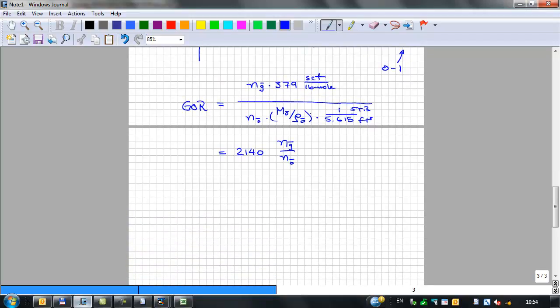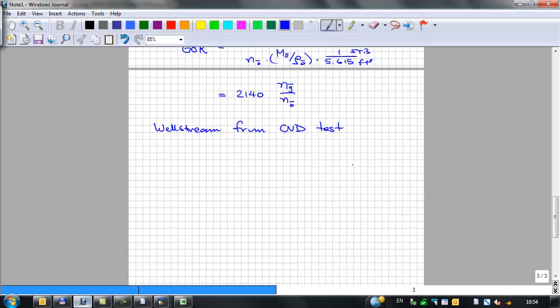Okay, so if the well stream we're interested in is from the CVD test, you basically have two phases in the PVT cell. You have some oil and you have some gas, and then you've just removed some of that same gas, right? That's what's been removed. And we know basically how many moles of gas have been removed, right?